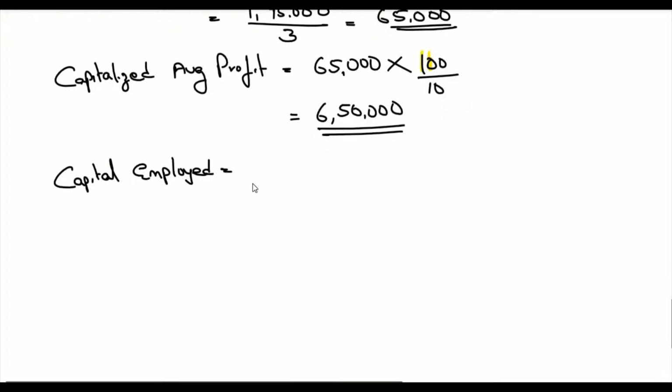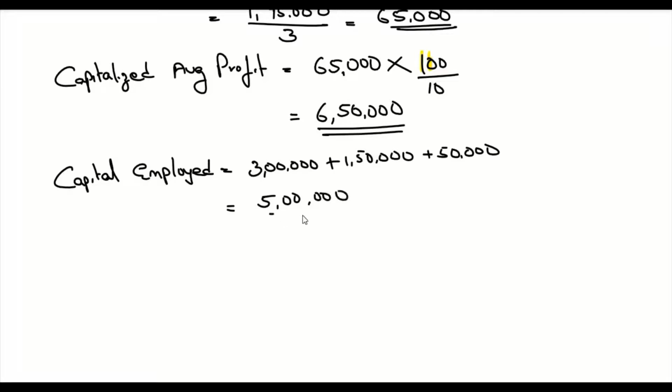So we need to add all this capital to get the capital of the firm. That is 3 lakhs plus 1,50,000 plus 50,000. That is, capital employed of the firm is equal to 5 lakhs.